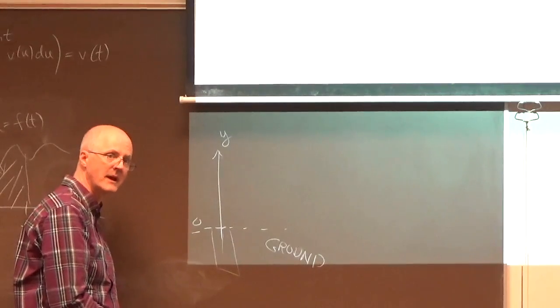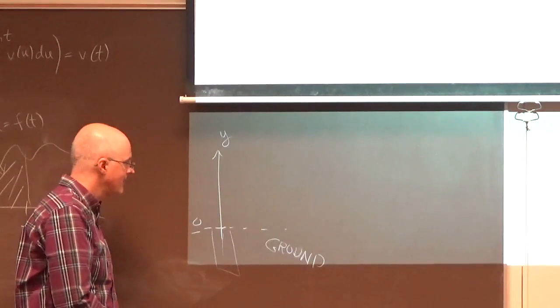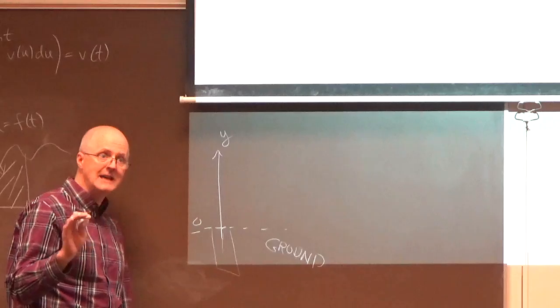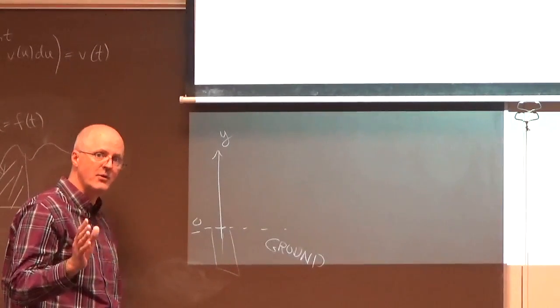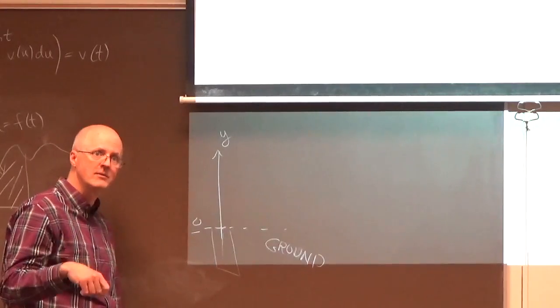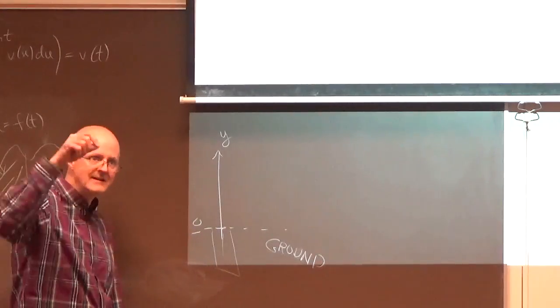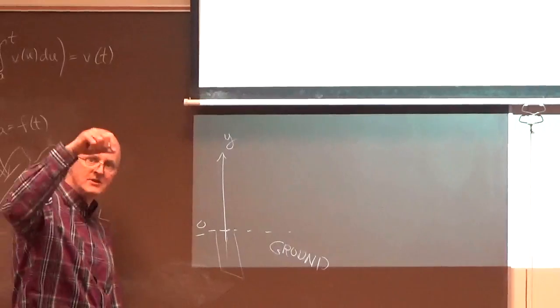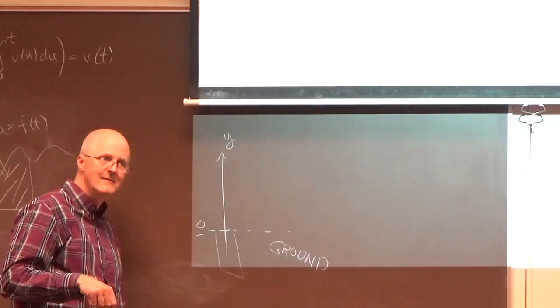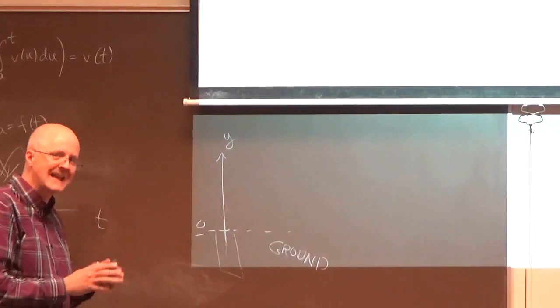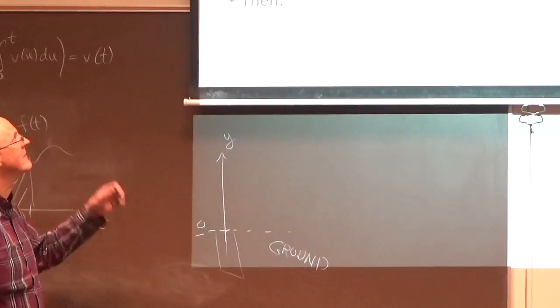Then the position could become negative. Be careful here. I'm not talking about gravity at all. I'm not thinking about the force of gravity here. I'm only thinking about the motion itself, which could go up and down indefinitely. Maybe you're thinking about a bug that just decides to fly up and down all the time. So I'm not saying anything about gravity here.